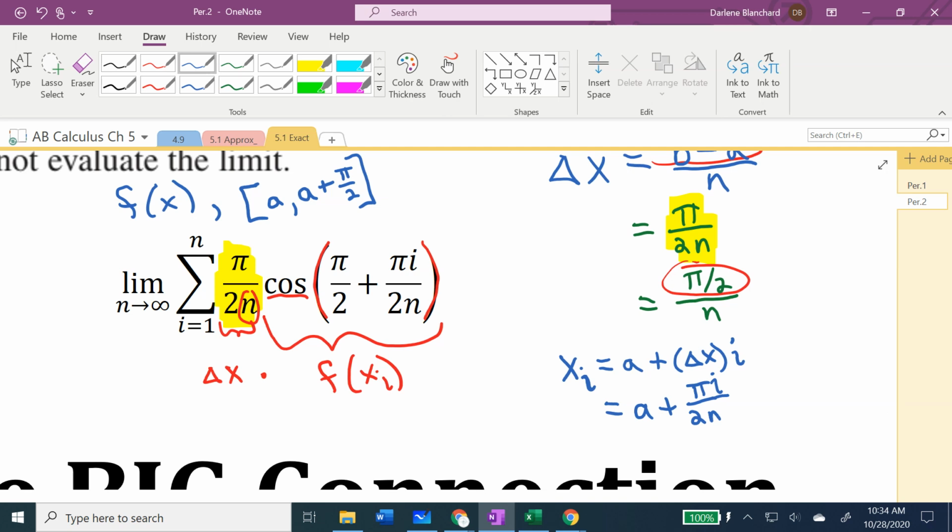And now you must find at least this right here in the f of x sub i. So come over here to what we think is f of x sub i and find exactly this. There it is.